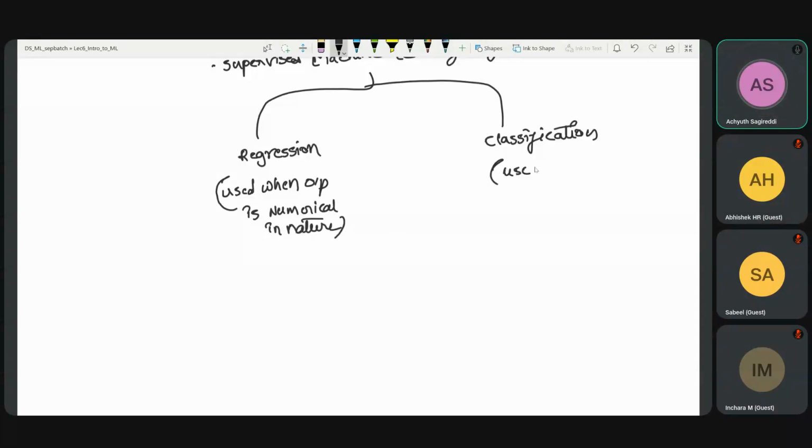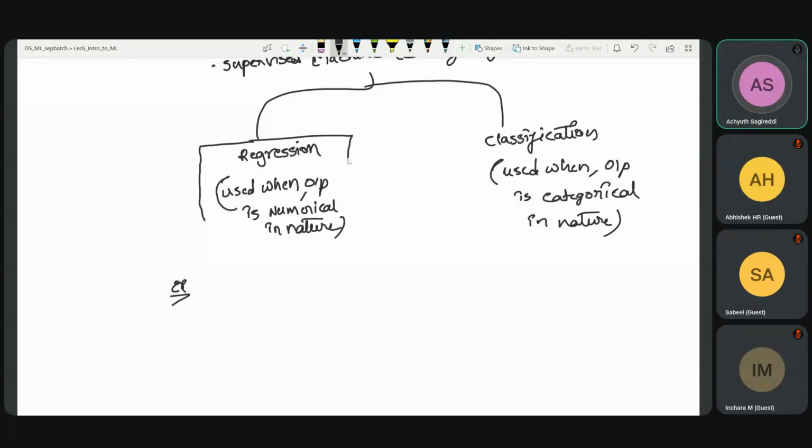Classification is used when output is categorical in nature. Today's class we will probably see about regression. We'll see what things are there in regression, what is meant by regression, and what algorithms are there in regression. Before going to that, let me give you some examples.